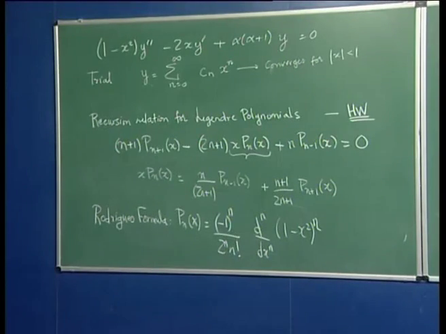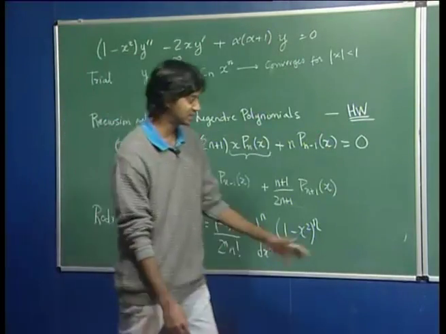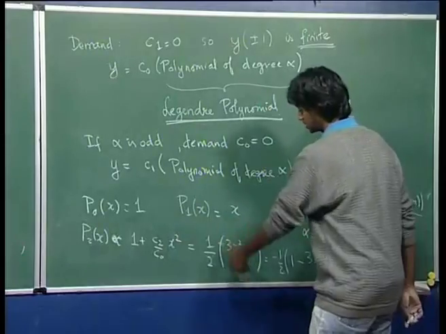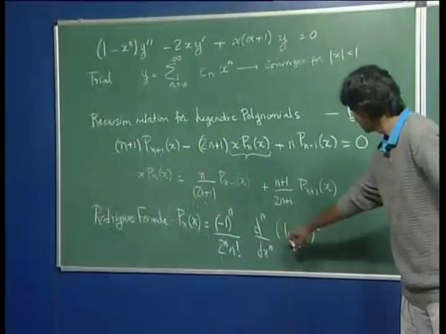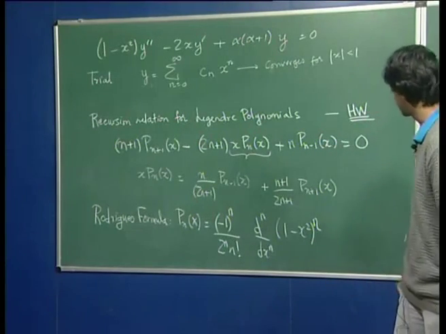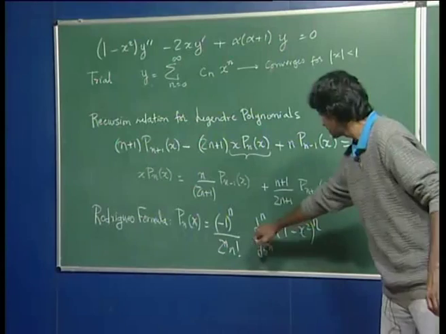The point is that if you want to derive any polynomial, and by polynomial I mean the entire polynomial, not just the individual coefficients, you can derive it starting with this. Suppose you want to find the value of P4. Then you just put n equal to 4.